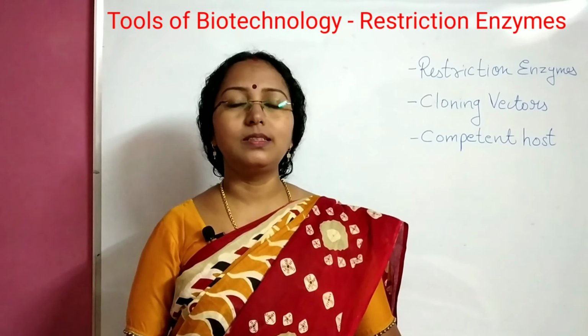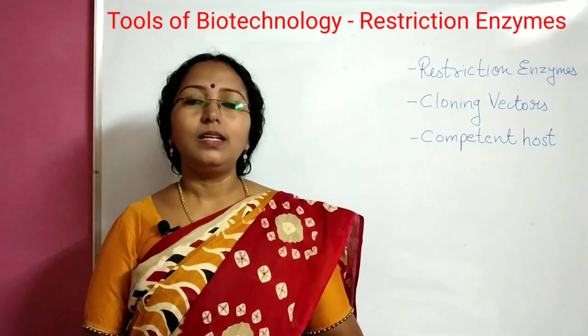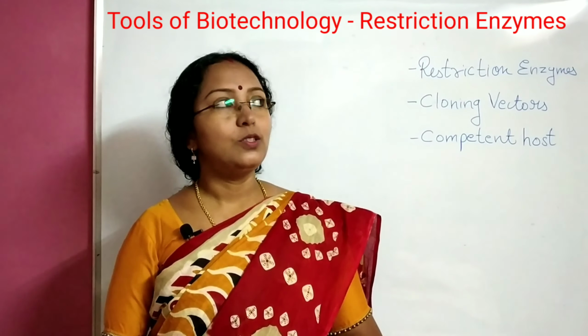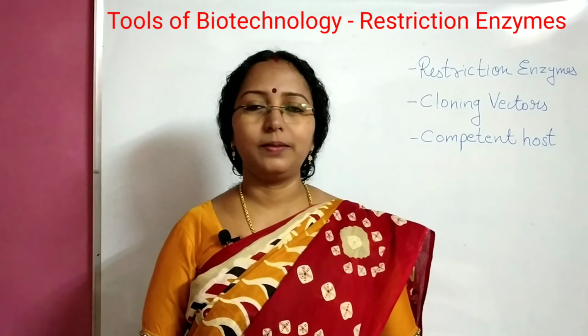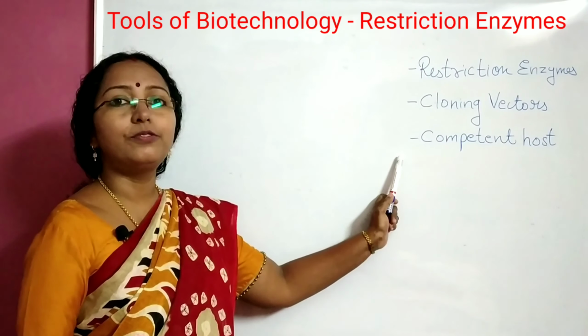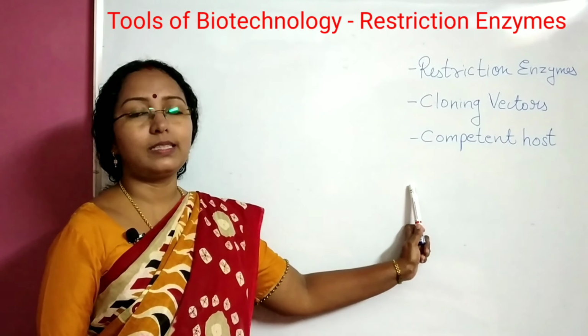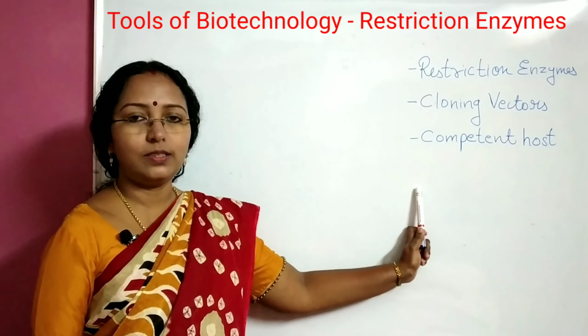Having completed the meaning and definition of biotechnology, let's focus on tools of biotechnology today. These are the three important tools for biotechnology, especially for recombinant DNA technology, or genetic engineering, as we call it.